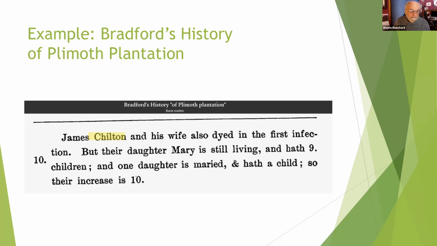He signed the Mayflower Compact, but didn't make it all the way to Plymouth. But his daughter survived, and as it says here, had a number of children, and so on. So anyway, this was an easy thing to find, for example.